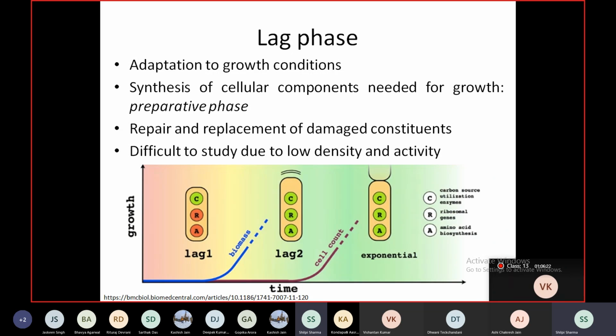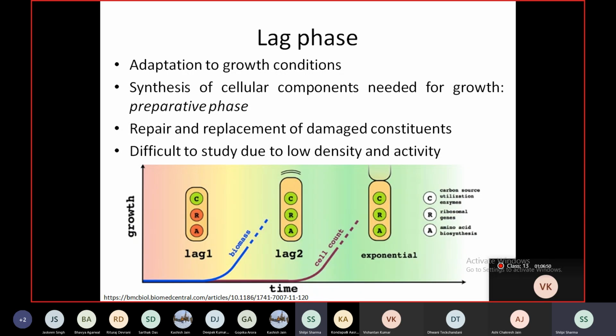So if the cells are to start dividing, all these changes that I just mentioned have to be reversed. So an important feature of the lag phase is to repair and to replace the damaged components. This is what I mean when I say it's preparing for the exponential phase. And when you inoculate bacteria, there can be two identifiable conditions.